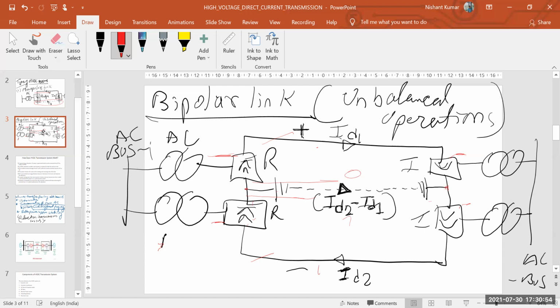Now, let's hope that there is a fault in this particular segment. The other path would then be considered as the entire network.